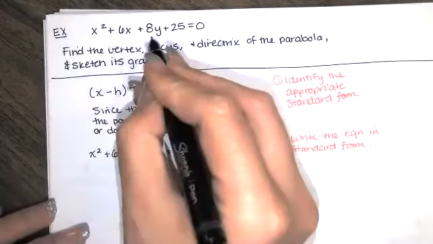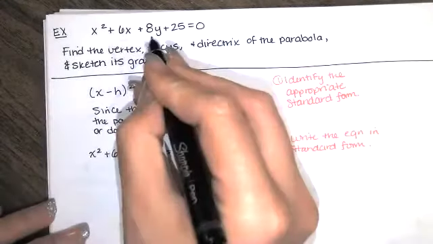Now, if the x squared has a coefficient, you would have to factor that out from everything and then divide by it. Since we don't have a coefficient, the only coefficient here is an implied 1. b is 6. I'm going to take half of that, that's 3, and square it. Add that to both sides.